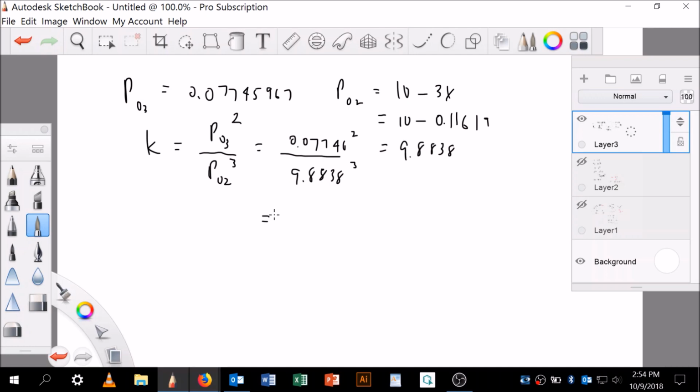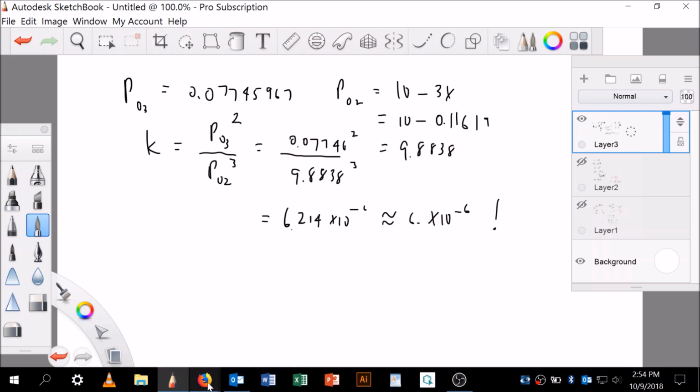All right, so this comes out to be 6.214 times 10 to the minus 6, which is about 6 times 10 to the minus 6, right? And so we confirmed that this is indeed correct.